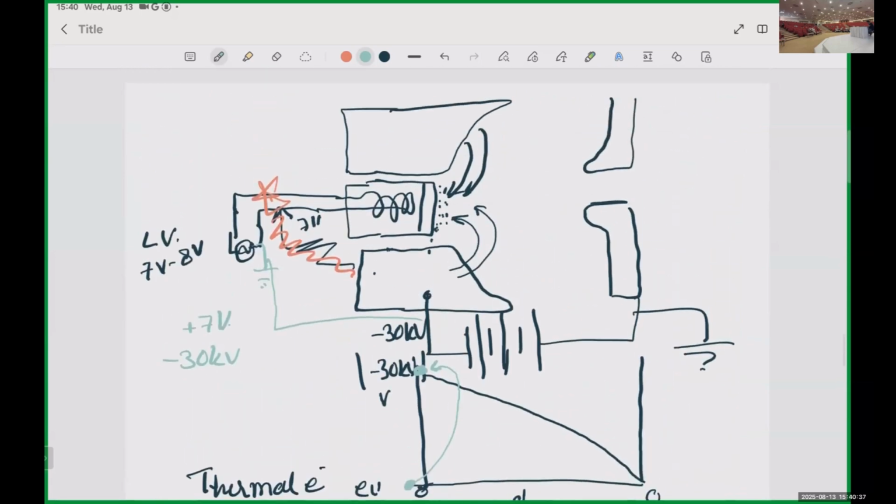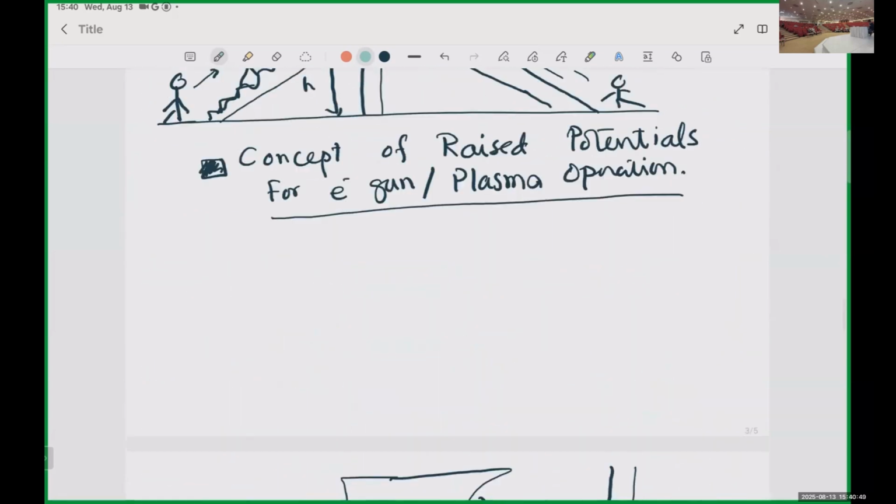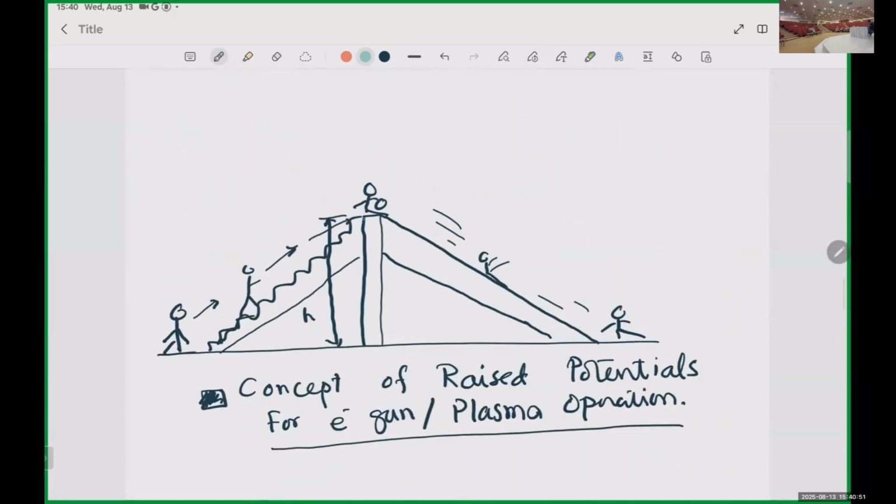The problem was that the electrons that come out of the cathode are of very low thermal energies. They need to get on top of the HV before they are released to gain the velocity due to the potential. This cartoon is perfect to understand this concept.